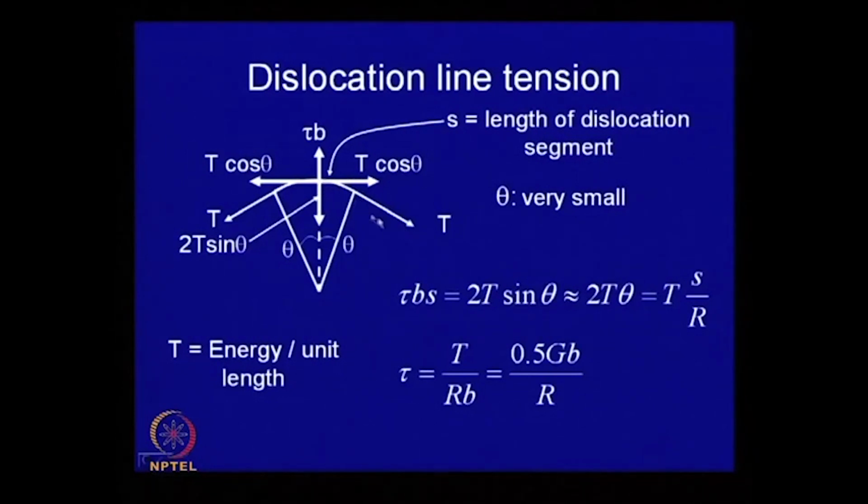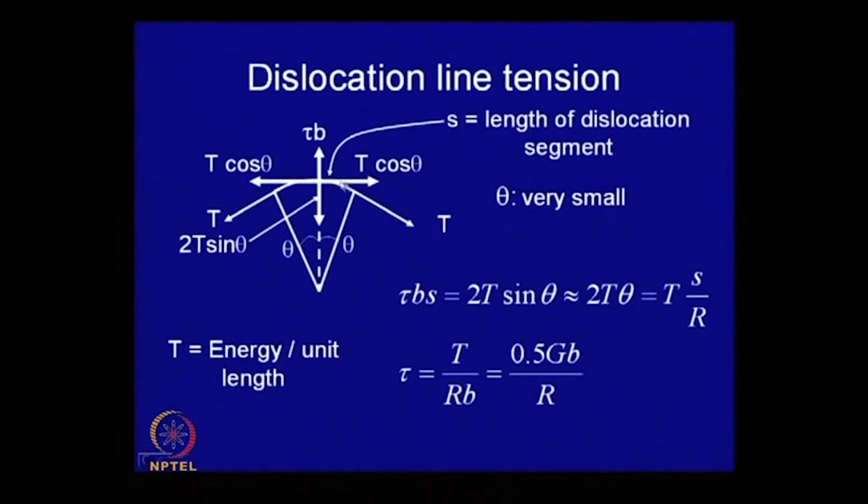If this is the tension, you draw a perpendicular here and a perpendicular here, and you can say this is the center of this curved dislocation, and this angle is theta. If this radius of curvature is large, this angle is very small, and this horizontal component is equal to T cos theta.